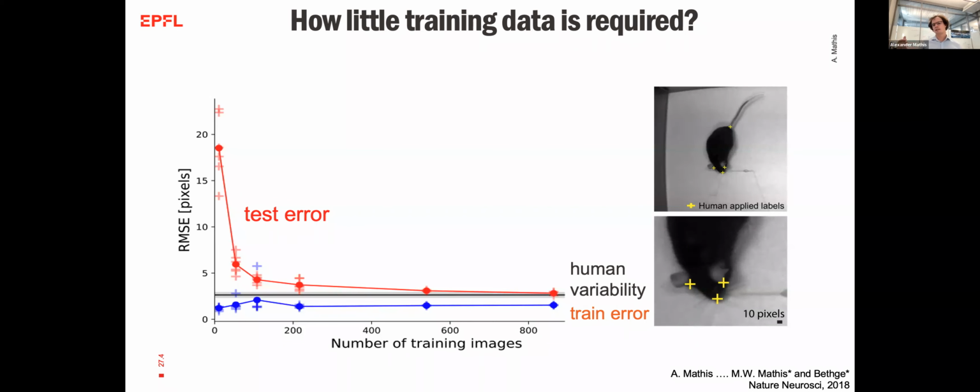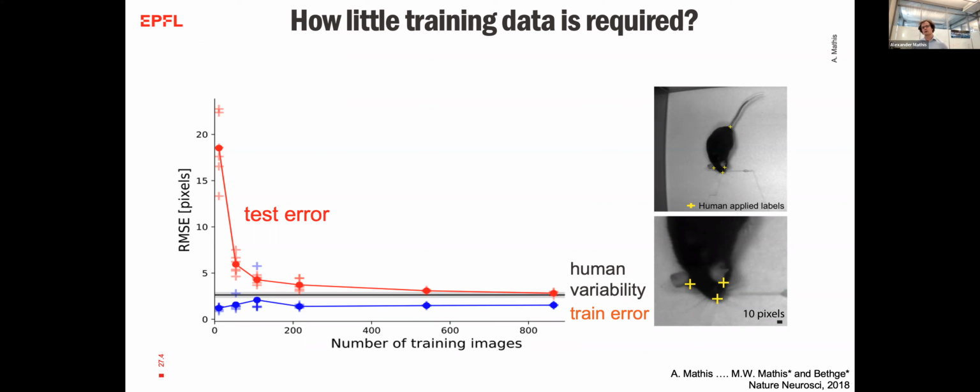But what was important for us to test is that if we now show them new images, do they generalize as well as a human to this? And so what we found was that the test error was also around 2.7 pixels. So given enough training images, DeepLabCut really reaches human level accuracy at these tasks.